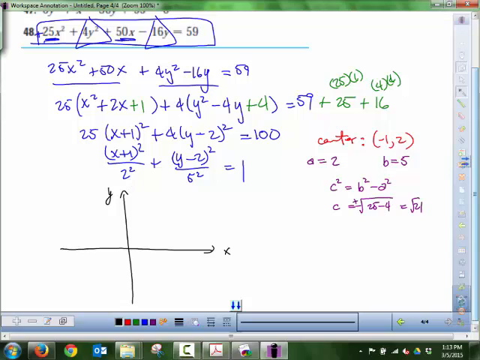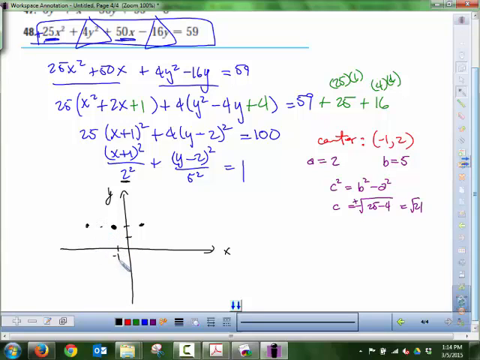I see those are the formulas that I don't have memorized, and I kind of depend on the graph to draw this. So I'm going to go to the center point at -1, 2. I know that's going to be the middle of my ellipse. The 2 and the 5 help me draw the major and minor axes. Along the x, the 2, I'm going to go 2 units to the right, and from here 2 units to the left.